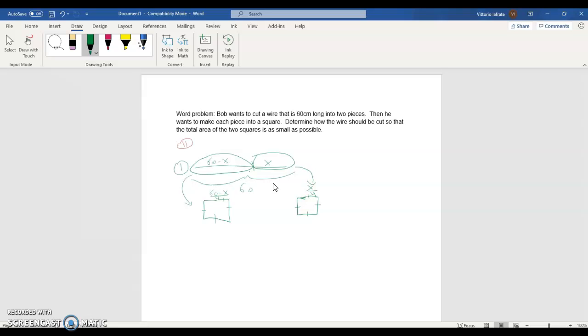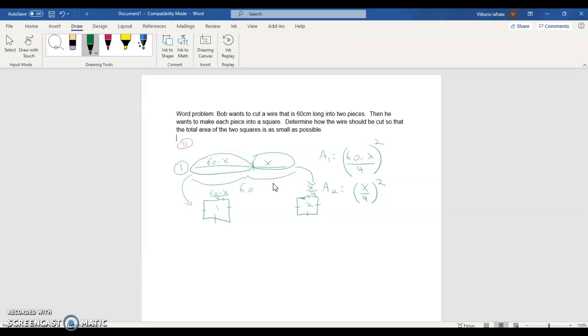So we can write a few expressions down already. We know that the area, let's call this square 1, the area of square 1 is ((60 minus x) over 4) squared, because you do length times width, and the same length and width. And we know that area of square 2 is (x over 4) squared.